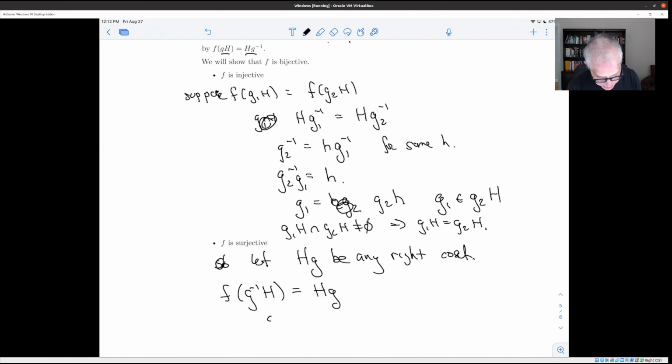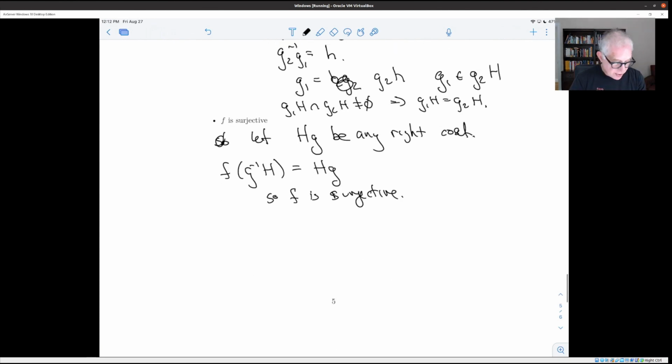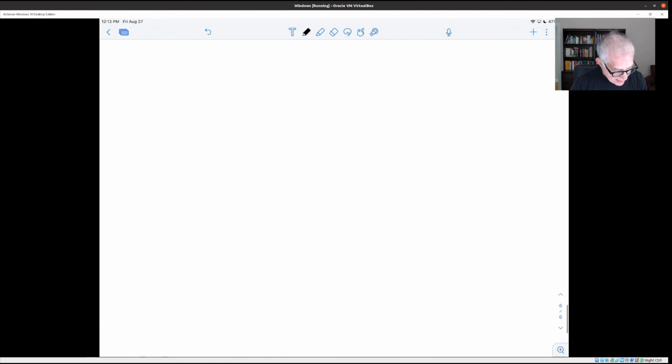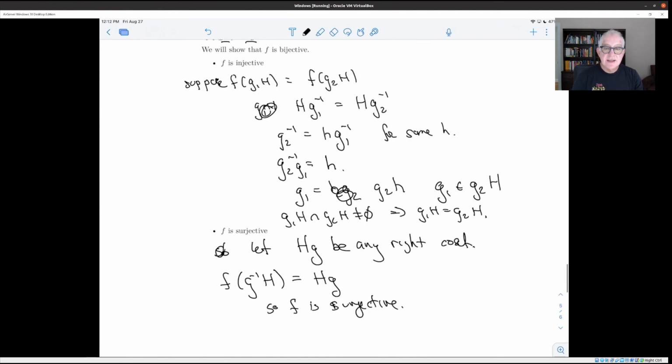So f is surjective because every right coset can be gotten by applying f to a left coset. And this shows that our function is bijective, and so there's a one-to-one correspondence between the left cosets and the right cosets. And therefore, if the number of left and right cosets is finite, the number is the same.